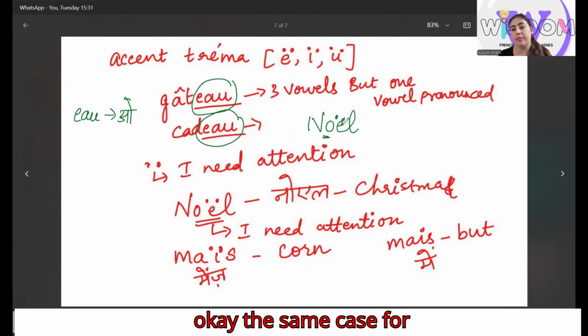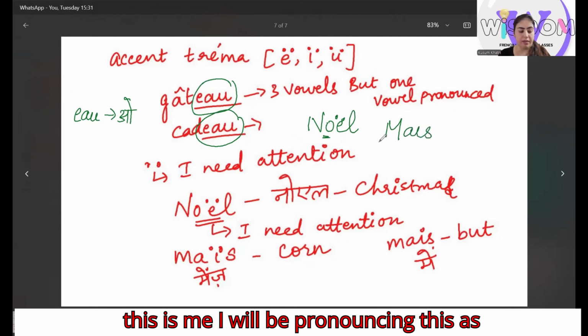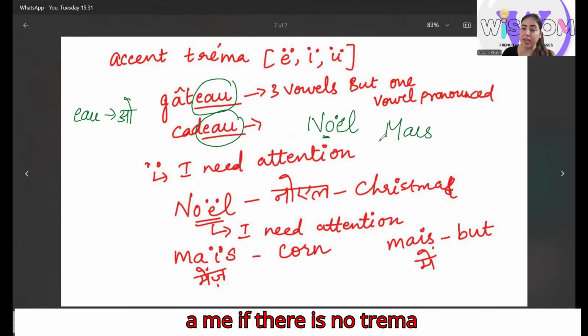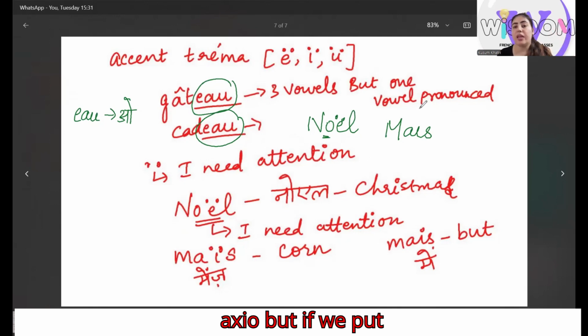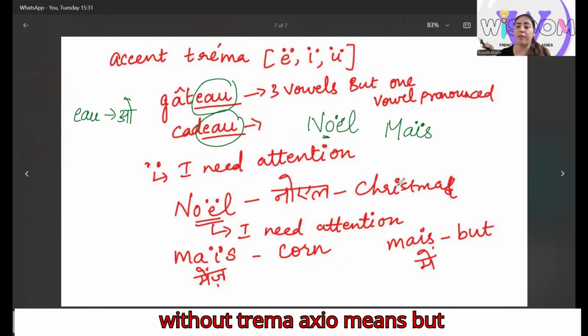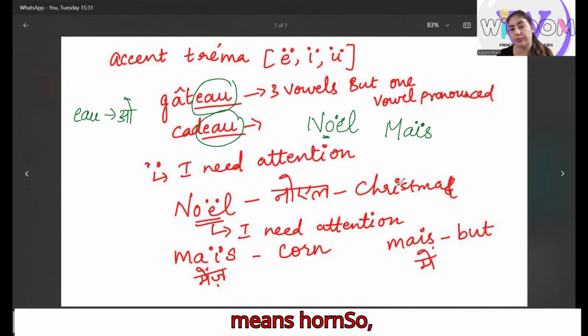The same case for this. This is mais. I will be pronouncing this as mais if there is no Tréma. But if we put the Tréma, I have to pronounce this as maïs. Mais without Tréma means but. Maïs with Tréma means corn.